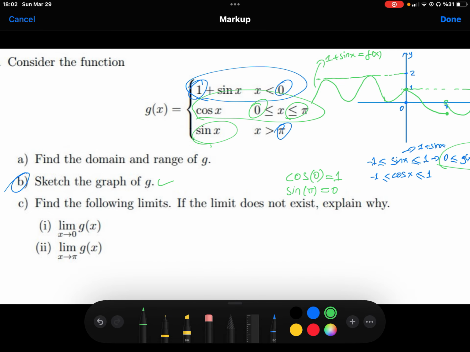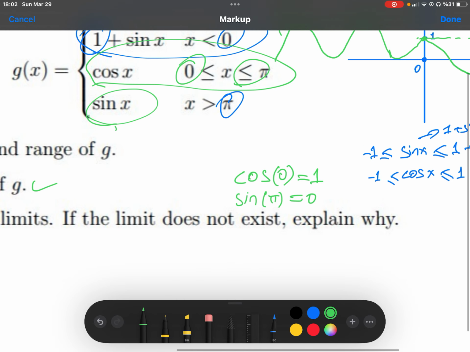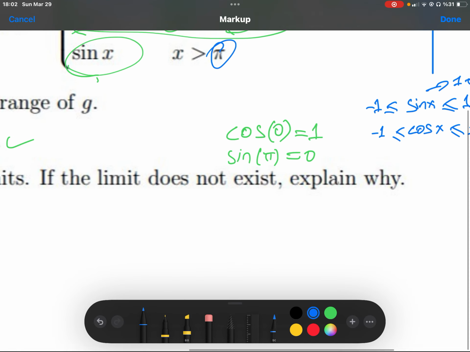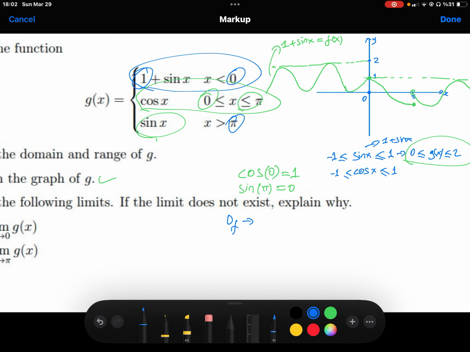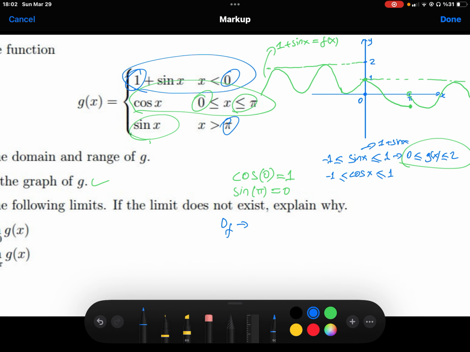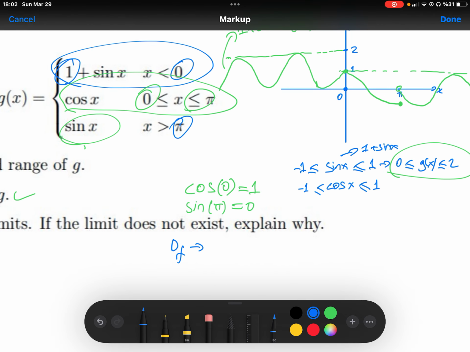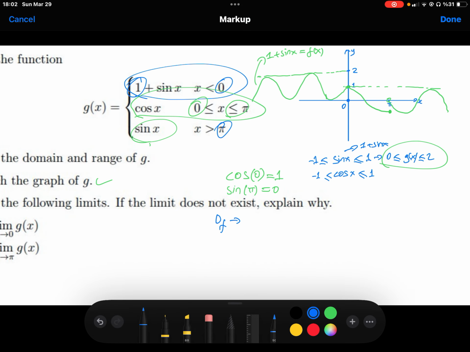We're gonna find the domain and range of G. Let's find it. Domain of G. What would it be? Actually, it would be all real numbers because you can also see from this graph we're including all x.